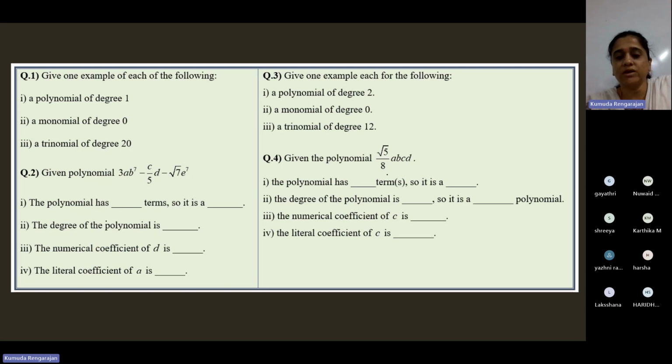So we're given this polynomial. Complete these statements with respect to this polynomial.